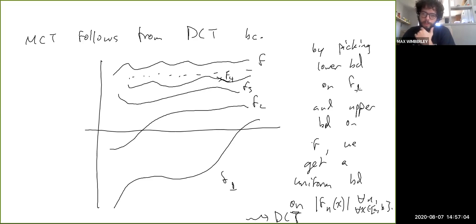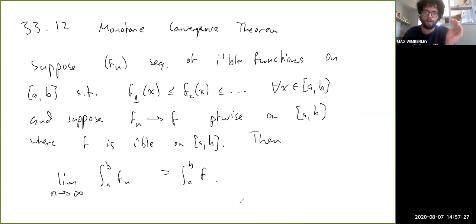The only reason we have to pick the lower bound on F1 is that if we want an upper bound on the absolute values of Fn, F1 might be hugely negative. So it might actually have bigger absolute value than F, even though the values of the functions increase.